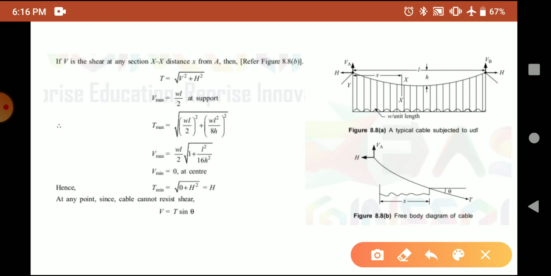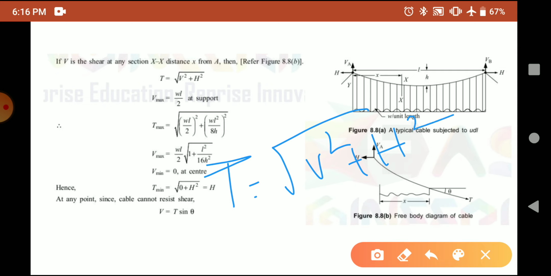To find it out, we know the tension at any point T can be taken as the square root of vertical reaction squared plus horizontal reaction squared. So at any point the tension exerted on the cable is equal to root of V square plus H square, the square root of the sum of squares of vertical forces and horizontal forces.